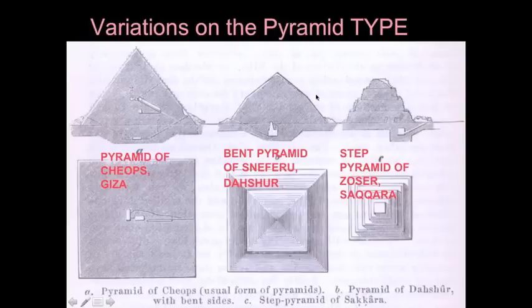So I would say Sneferu's pyramid is getting toward the answer, but whoops, it bends. And one reason it bends is that the angle was too steep, and they could not continue executing it at that angle. And by the time you get to Cheops, Corbu would probably say, the question was asked, the type was identified, and the type was perfected.